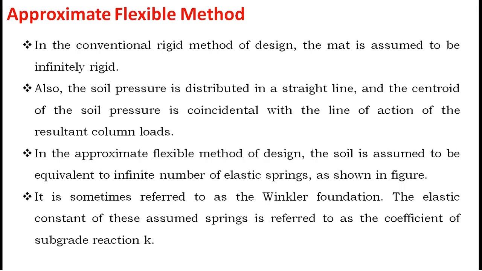Then the spring must have some coefficient, stiffness coefficient, spring constant. That spring constant is assumed as the subgrade reaction, because the stiffness of the spring has the unit Newton per meter, and subgrade reaction unit is also Newton per meter. Both are somewhat the same, therefore we consider subgrade reaction.